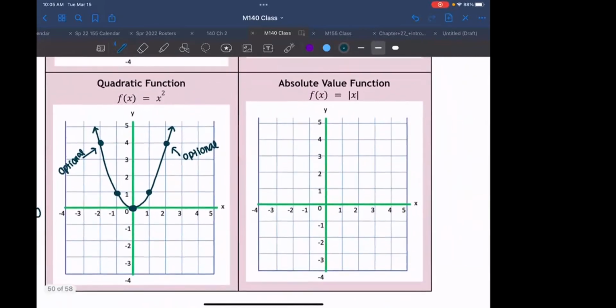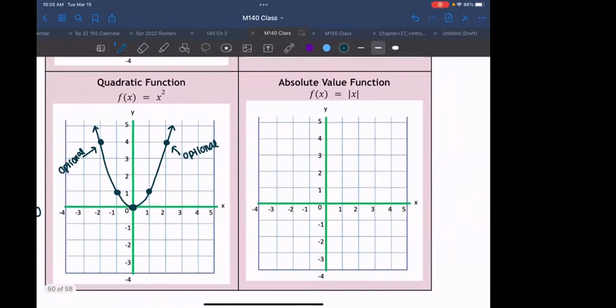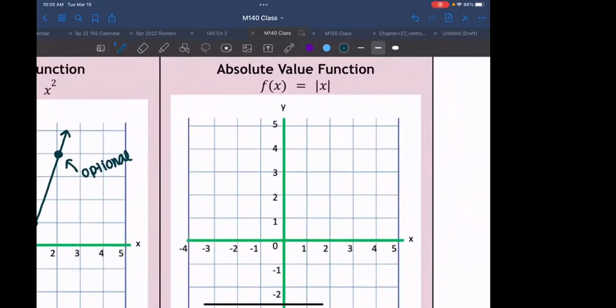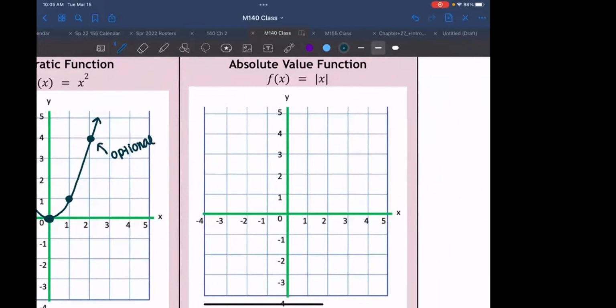Okay, let's go on to the absolute value function. This whole idea of graphs of functions isn't for you to memorize the points, like -1, 1, 0, 0, 1, 1. I'm not telling you to memorize the exact coordinates for every one, but you should be able to make an X and Y chart and plug in some values.